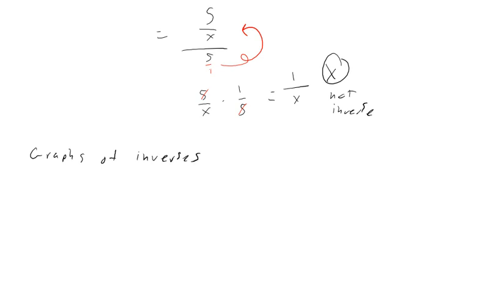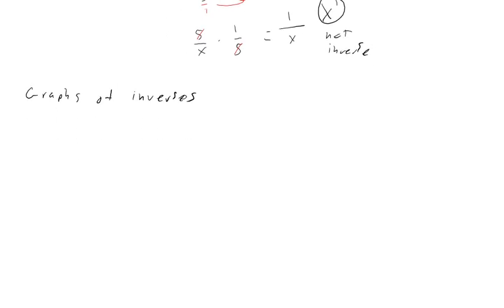Graphs of inverses. What do graphs of inverses look like? Inverse graphs swap their x's and y's, right?